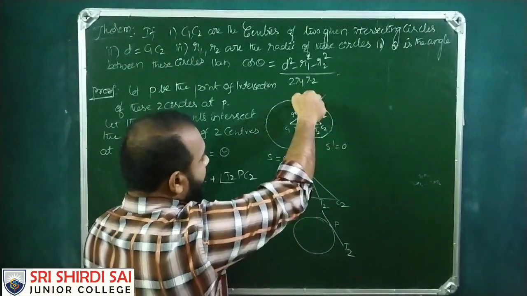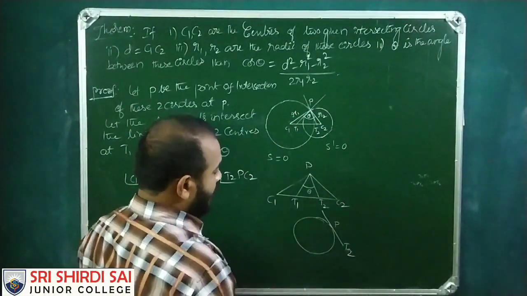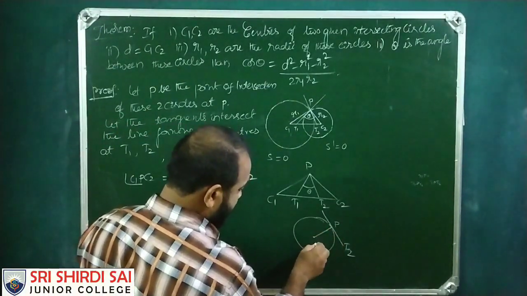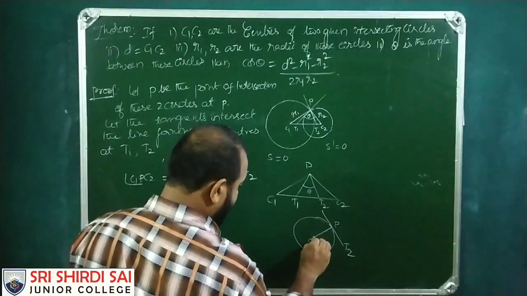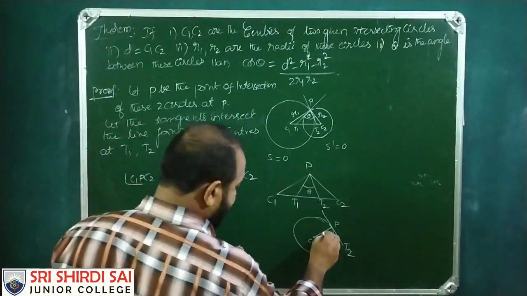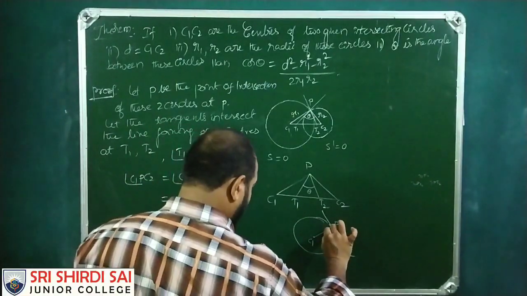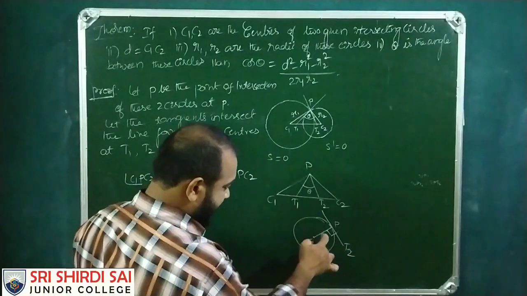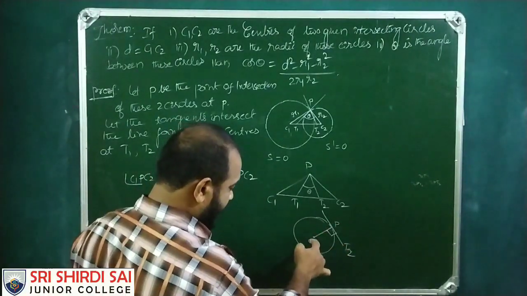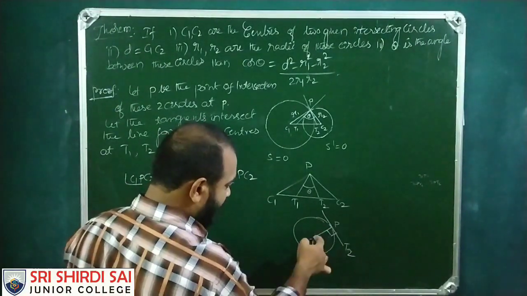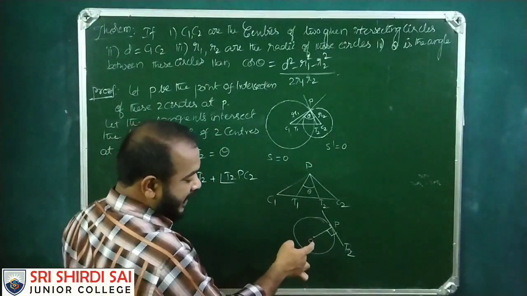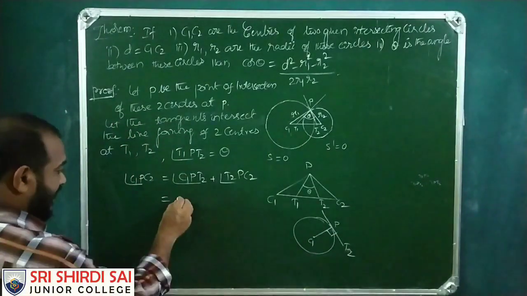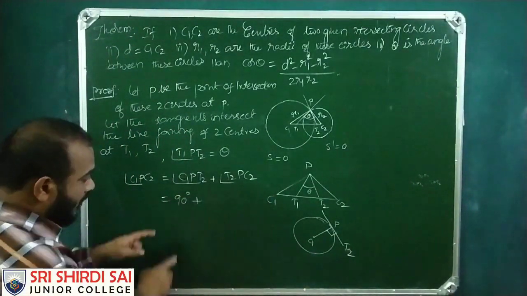This is the big circle and this is the tangent, and this is the center C1 of the big circle. Then C1 P T2 equals, we know that the angle between the tangent and the line joining the center to this point, the radius, is 90 degrees. Everyone knows 90 degrees. What is C1 P C2?